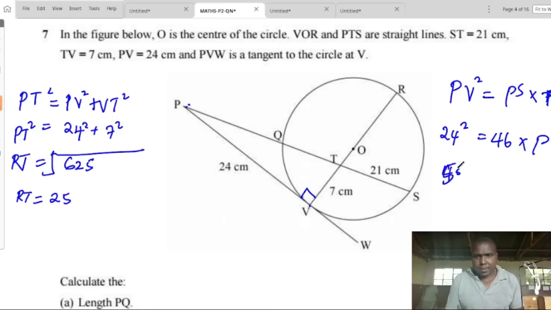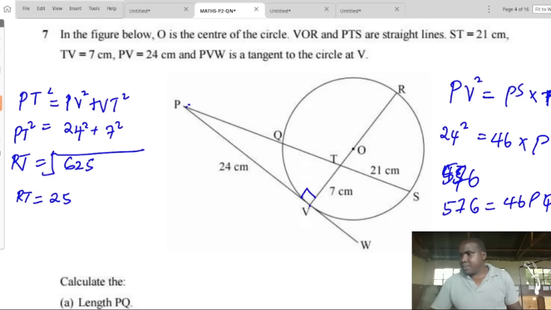576 is equal to 46 PQ. Now you want PQ, you divide by 46, divide by 46.